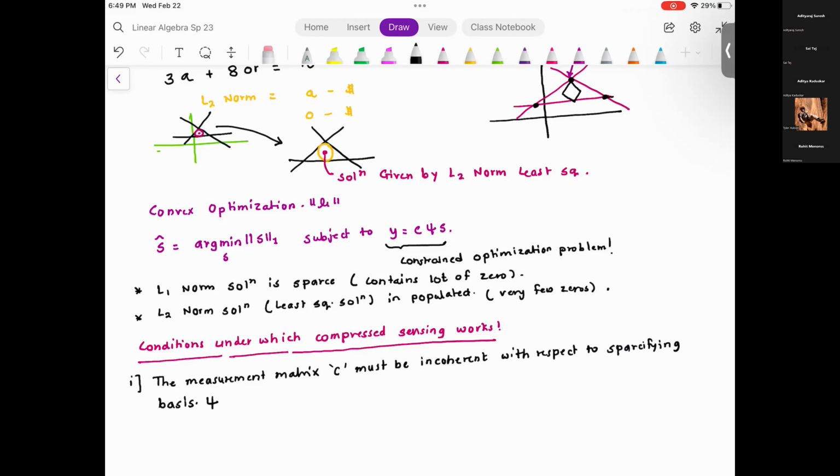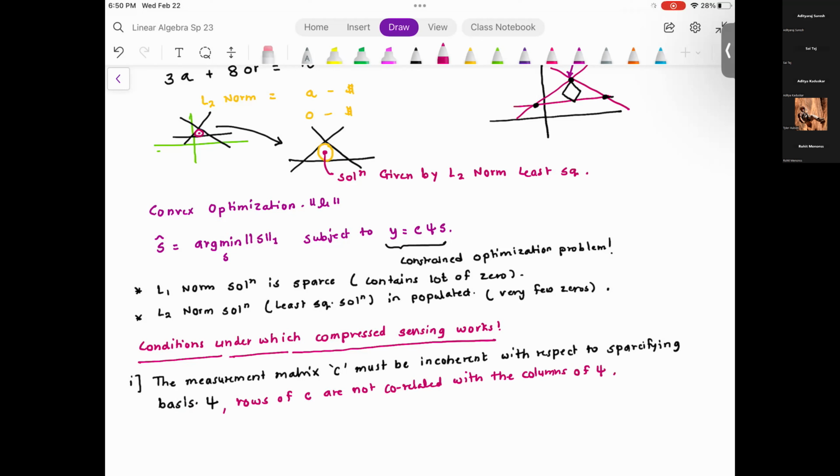And this goes back to the question that we shall ask, are we looking at a linearly independent vector? So what that means is rows of C are not correlated with the columns of psi.